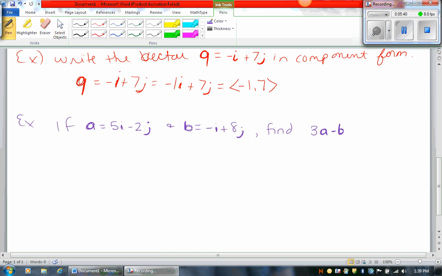So you take your 3 and multiply it by a, 5i minus 2j, minus, since it's just b, we can say it's like having a negative 1, negative i plus 8j.